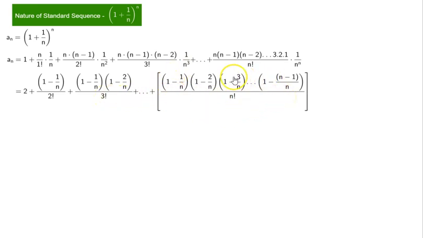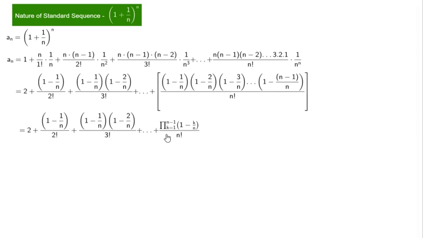Now, there's a short way in which we can represent this using the product notation. Just like we have the sigma as the summation notation, this is the product notation. So the product of (1 - k/n), where k goes from 1 to n-1, divided by n!.